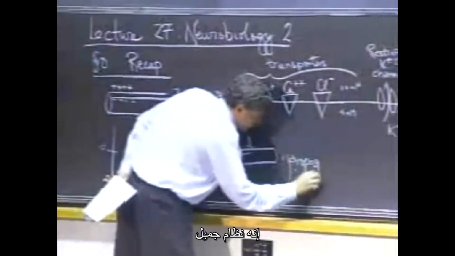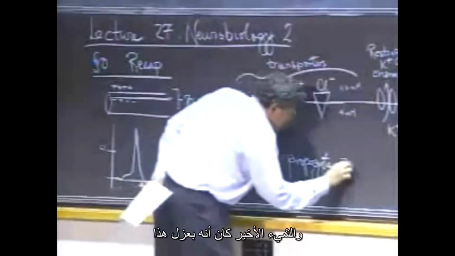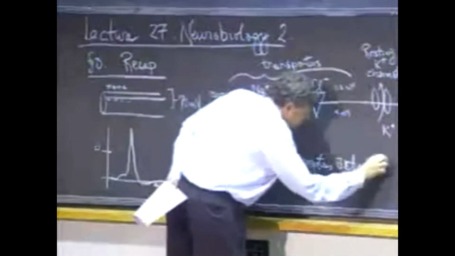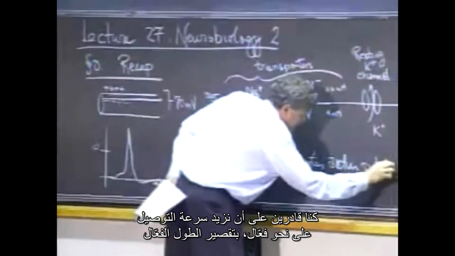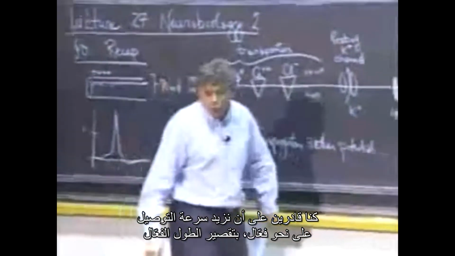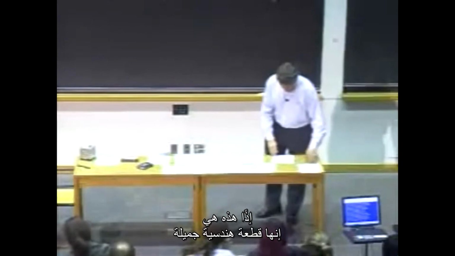It's a beautiful system. And then the very last thing was that by insulating this, we were able to make the conduction velocity go faster by effectively making the effective length be shorter, there being a whole bunch of electrically insulated regions. So that's it. It's a beautiful piece of engineering.